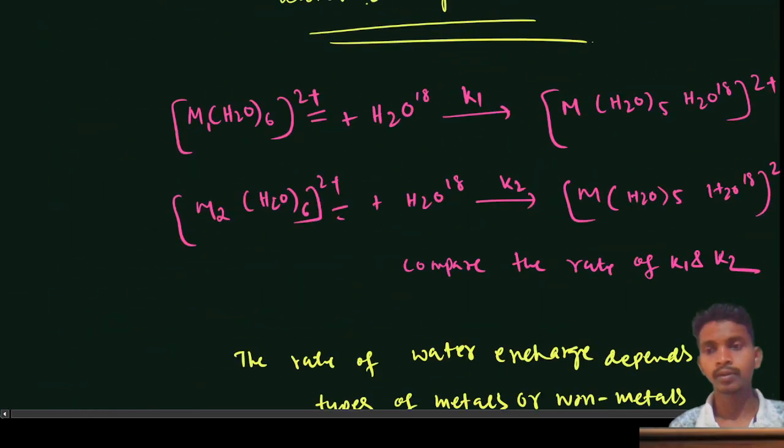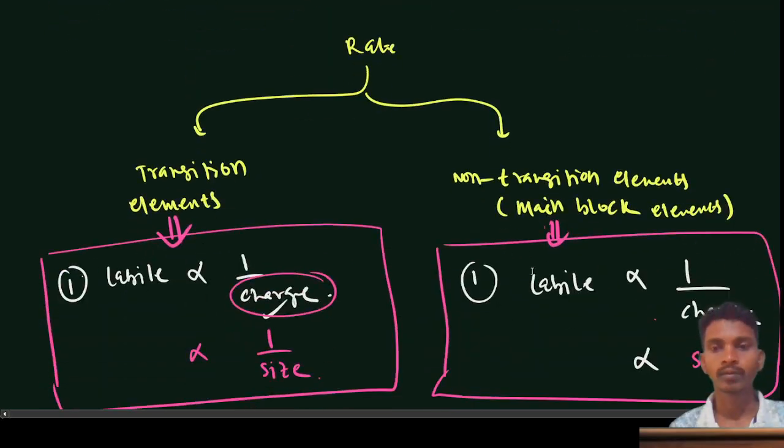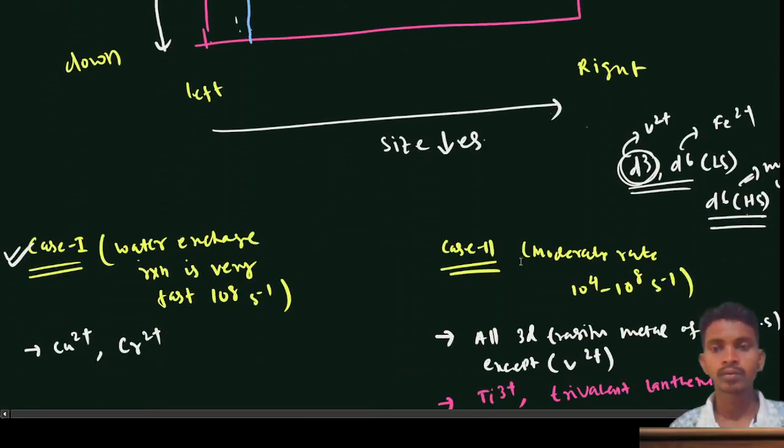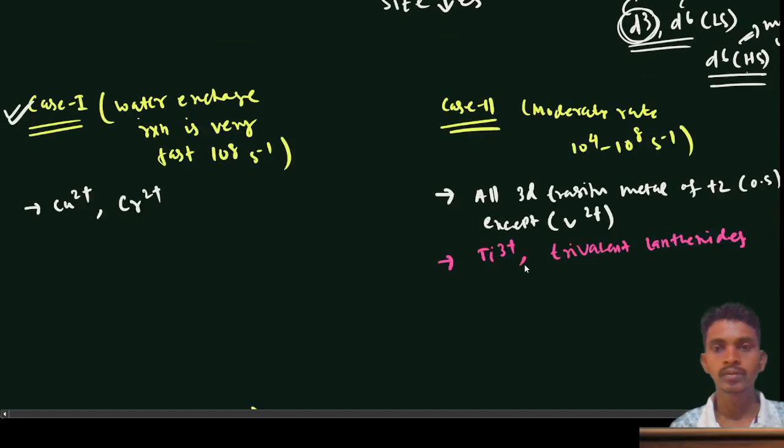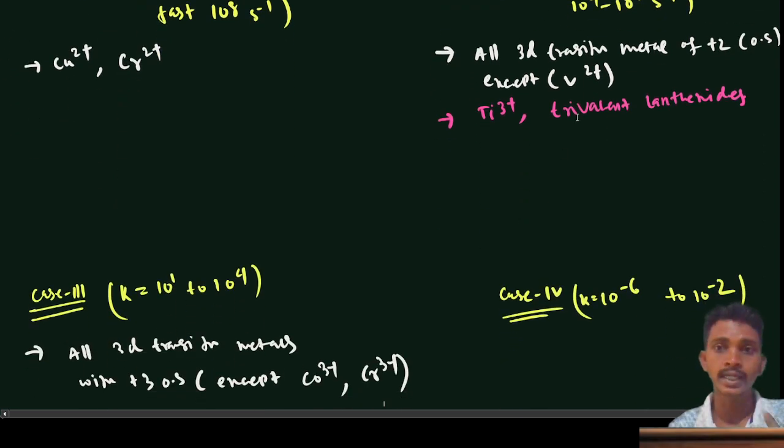After that, this vanadium 2+, because that will become low spin, but the charge is low.